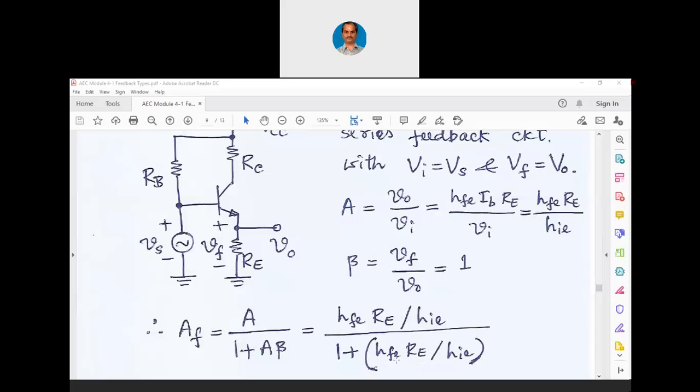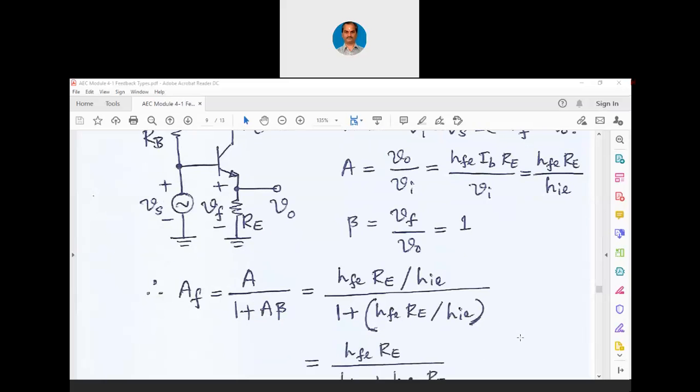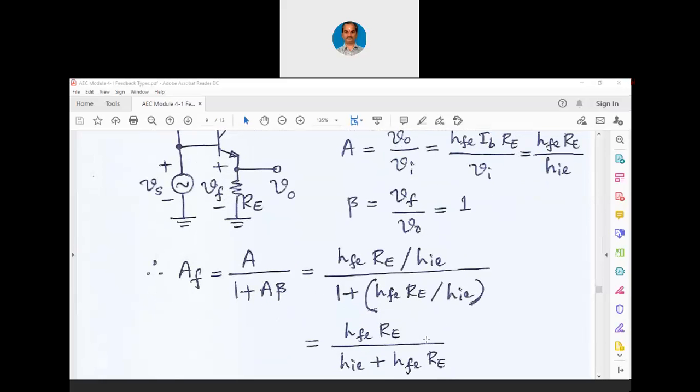So it is 1 plus HFE into RE divided by HIE. Now, this is nothing but HFE into RE divided by HIE plus HFE into RE. When you simplify this expression using HIE, we get HIE common with this HFE RE term. Now, 1 gets multiplied by HIE. So we have HFE into RE divided by HIE plus HFE into RE.